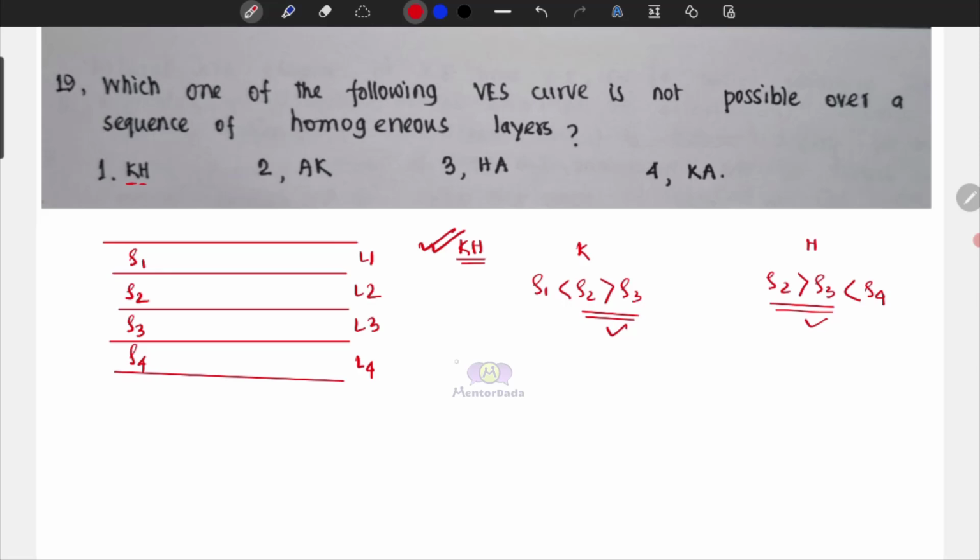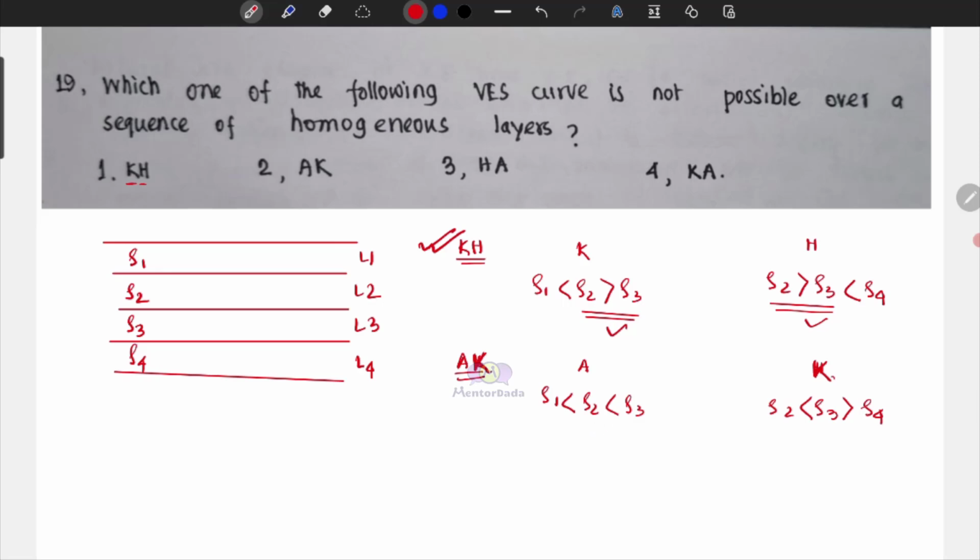Okay, so now the AK curve. There are again 2 parts, one is A and another is K. So for A, rho 1 is less than rho 2 is less than rho 3, and for K, rho 2 is less than rho 3 is greater than rho 4.